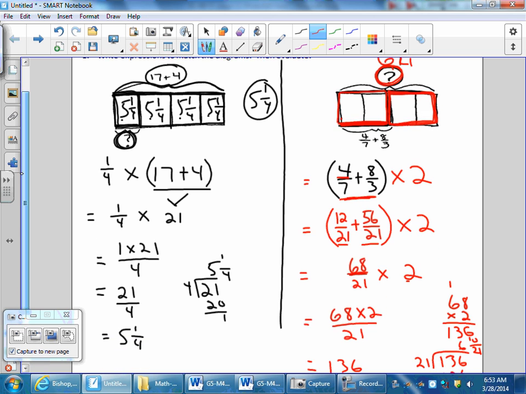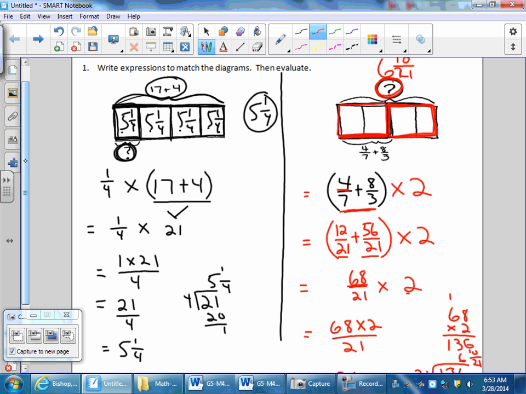Now that might confuse people as to what each block is. We're not looking for each block, but if we were, what would it be? Well, let's go back to the beginning. These two blocks are 4/7 plus 8/3, which ended up being this as a common denominator. And 68 21sts is what it ended up being for this half of my tape.